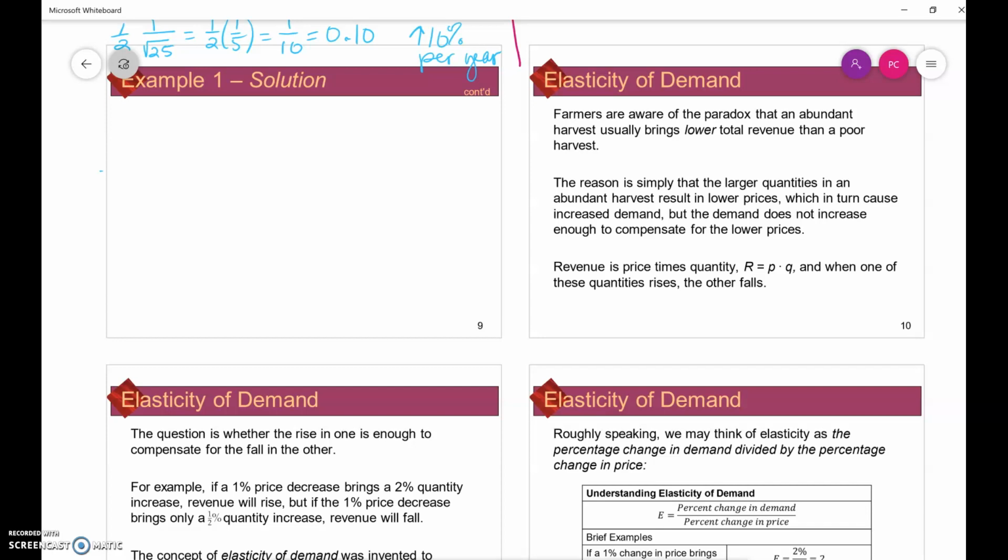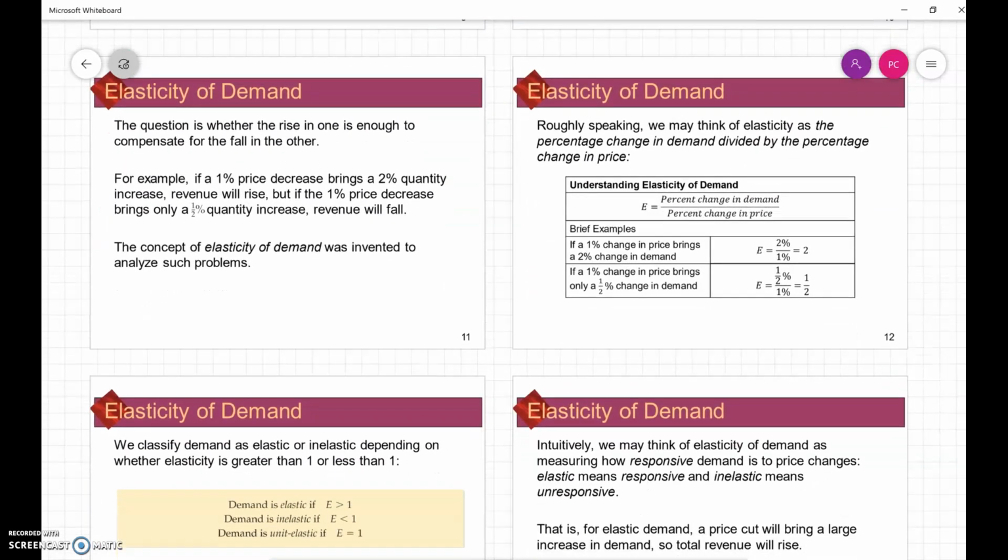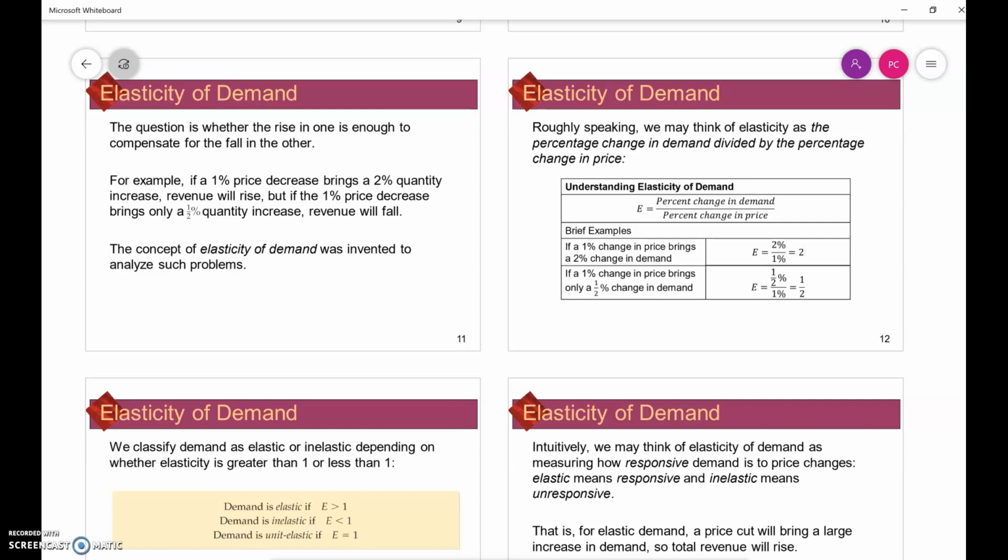Remember that revenue is price times quantity, and when one of these quantities rise, the other falls. Okay, so the question is whether the rise in one is enough to compensate for the fall in the other.